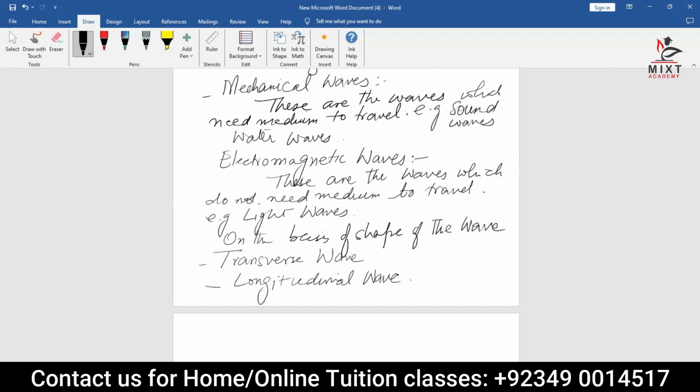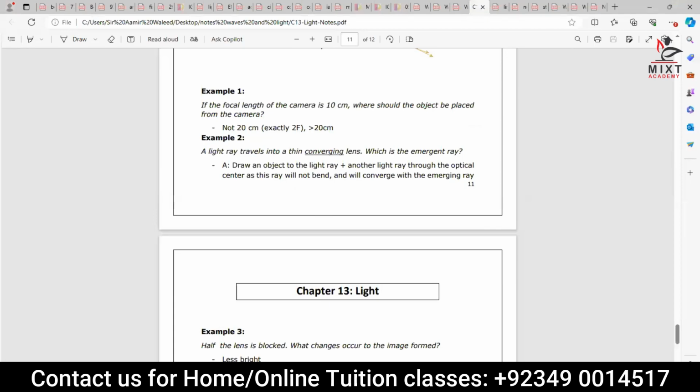All right. Any problem? No, sir. Transfer waves and longitudinal waves. Everybody copied? Yes. Okay. Now I'll show you a diagram there first, and then I'll take you back to that diagram.